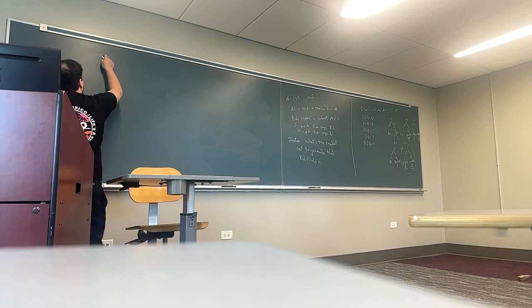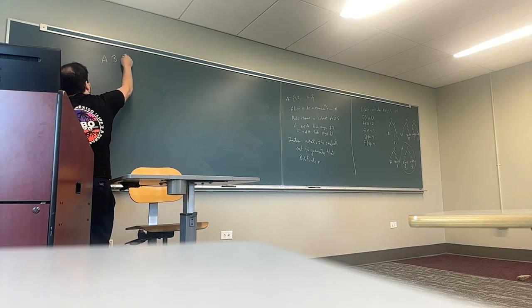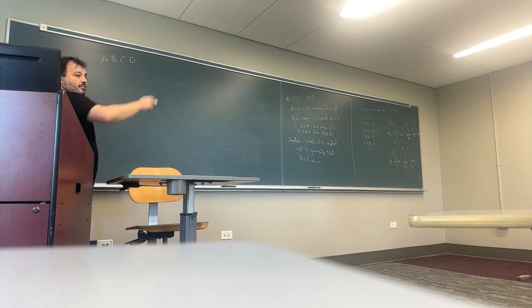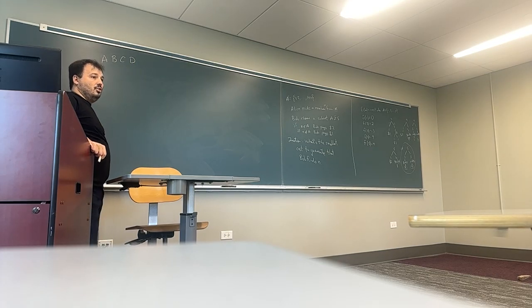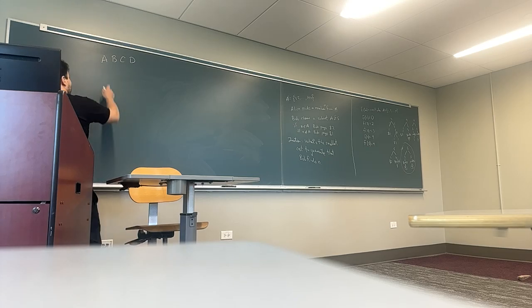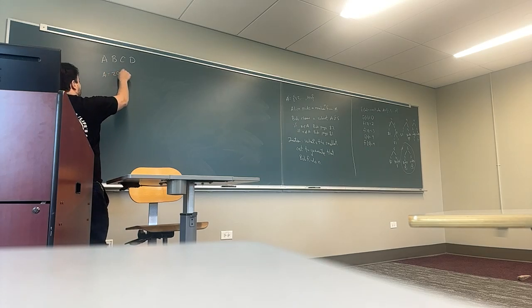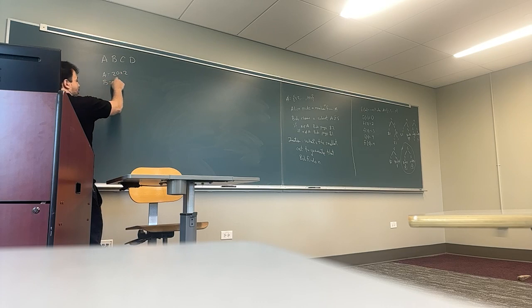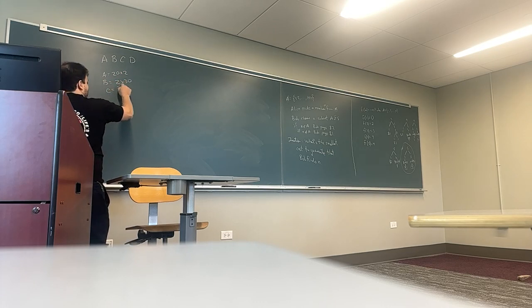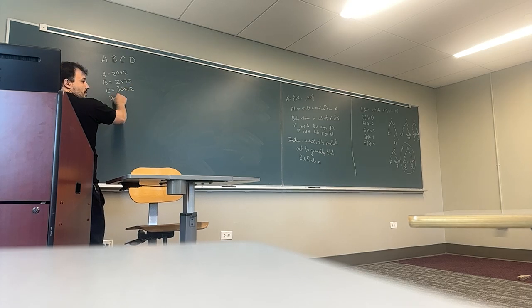Let's say you have to multiply A times B times C times D, and you have 4 matrices you want to multiply. In this example, we're going to let A be a 20 by 2 matrix, B will be a 2 by 30 matrix, C will be a 30 by 12 matrix, and D will be a 12 by 8.